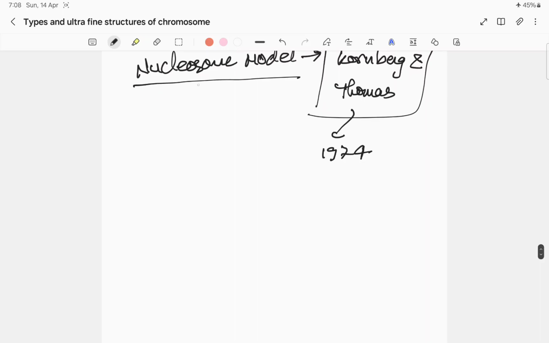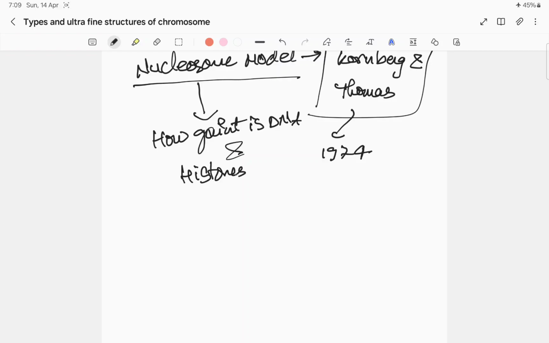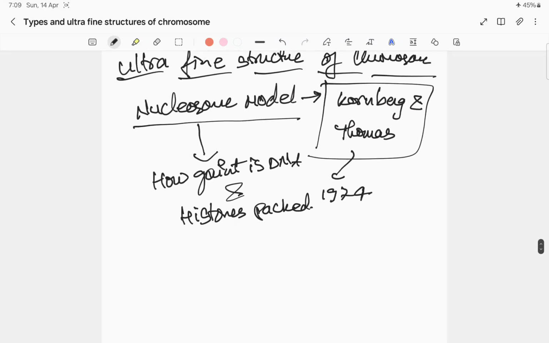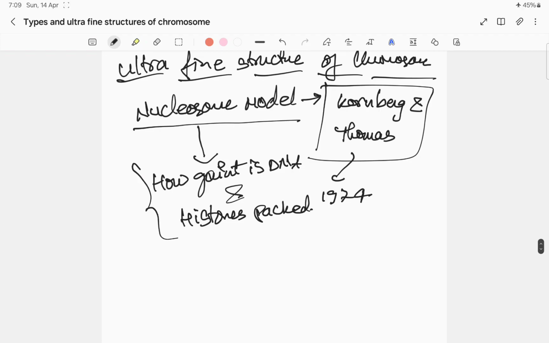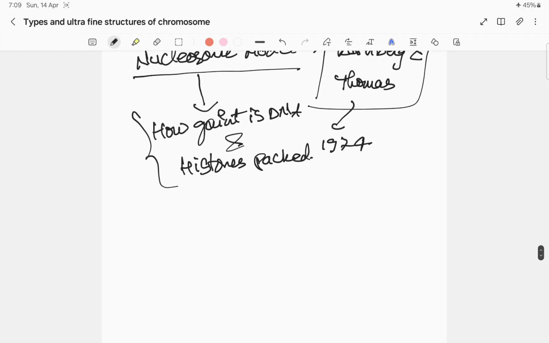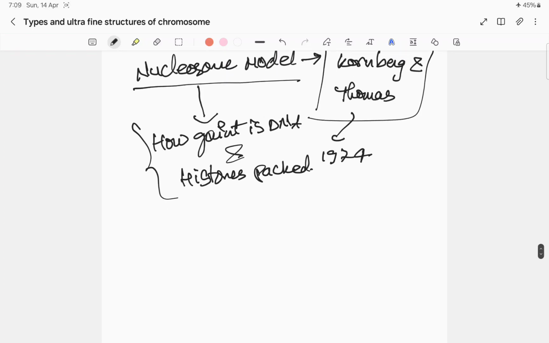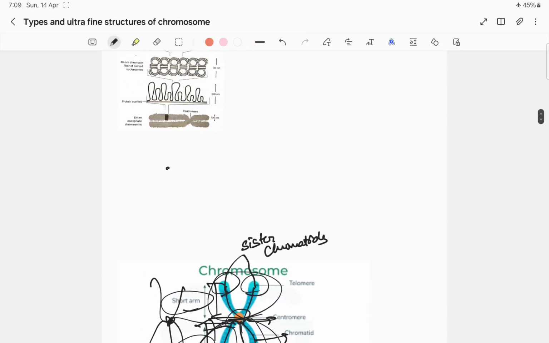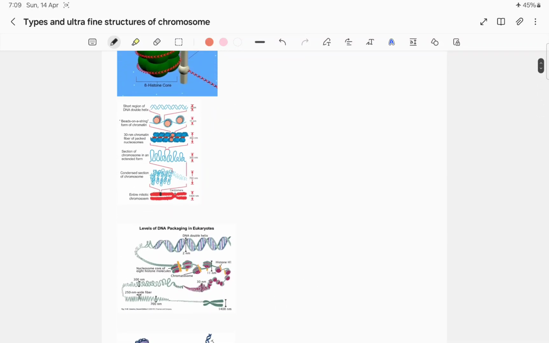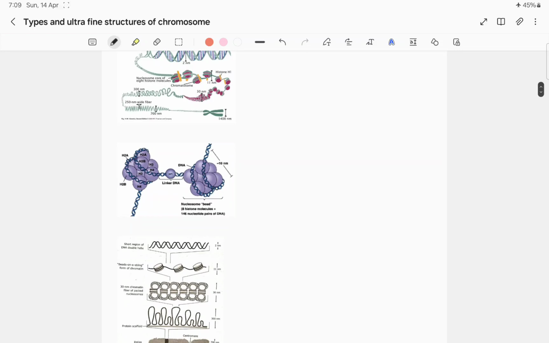This model explains how the giant DNA molecule and histones are packed. Let's understand this with some diagrams. Here I have kept some diagrams. First, yeah.